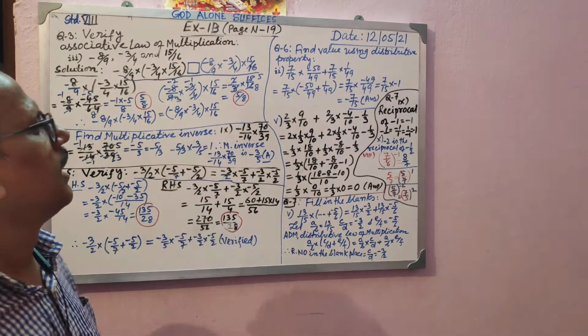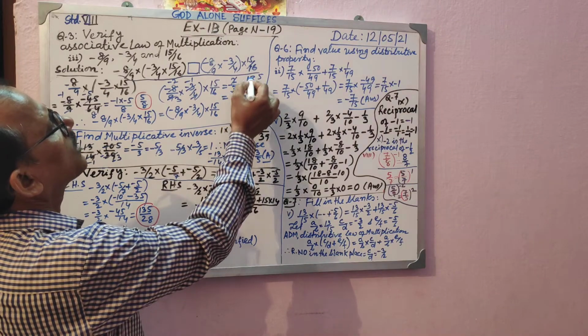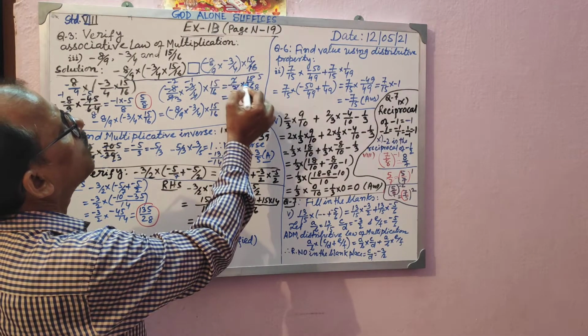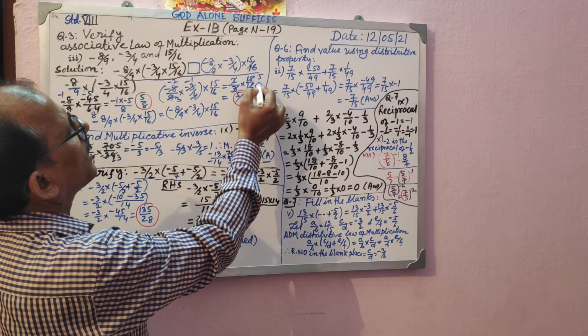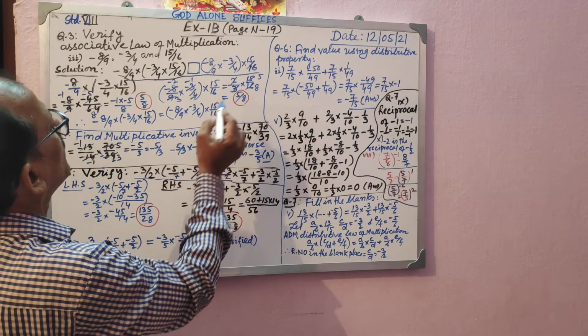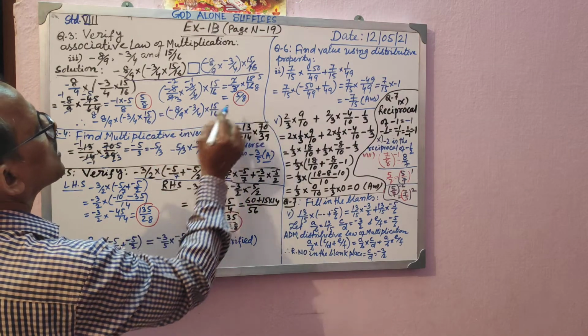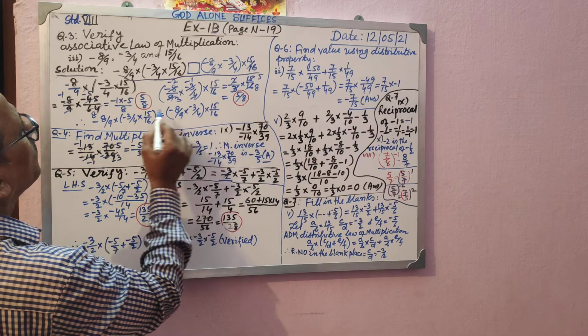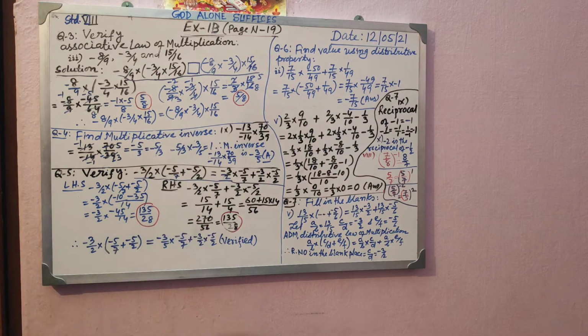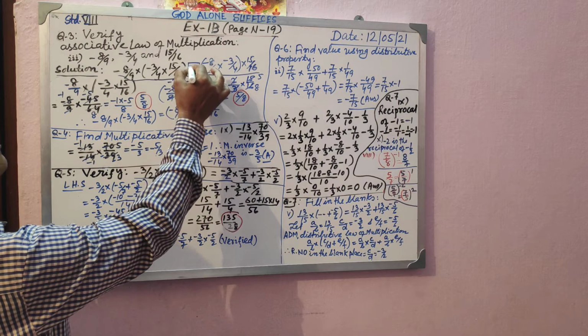Simplifying, 3 1s are 3, 3 5s are 15, 2 8s are 16, so 5 by 8. So 5 by 8 came for the right hand side also. See, the right hand side value is 5 by 8, and the left hand side value is 5 by 8. Therefore, it satisfied the associative law.